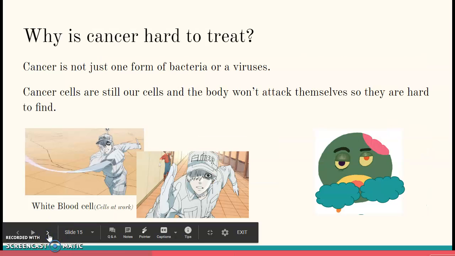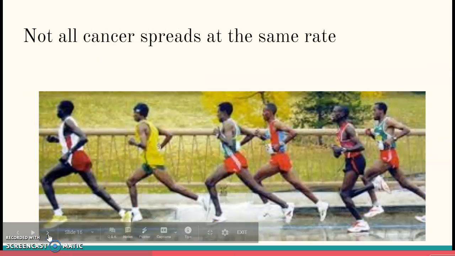Alright, and I already went through that. So this is a visual example of why cancer is harder to treat. Not all cancers spread the same. You see this runner right here in the back in a green shirt and red shorts. He's running at a slower pace than the runner right here in the yellow shirt.